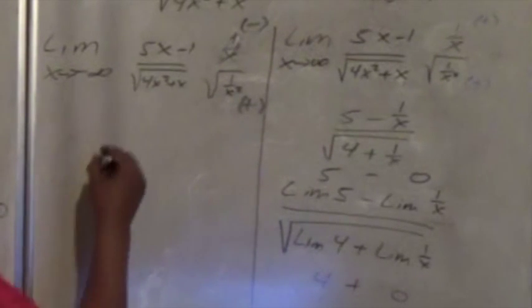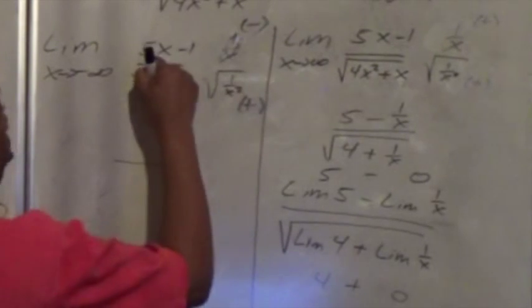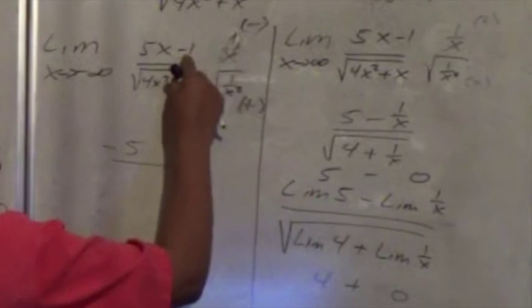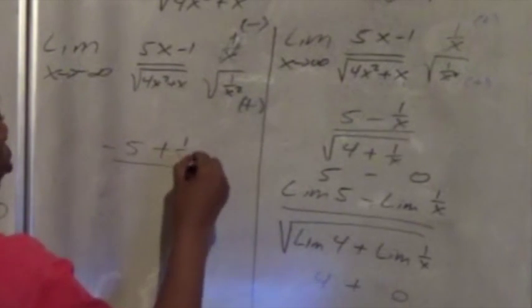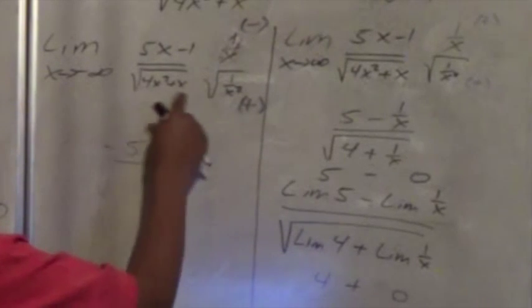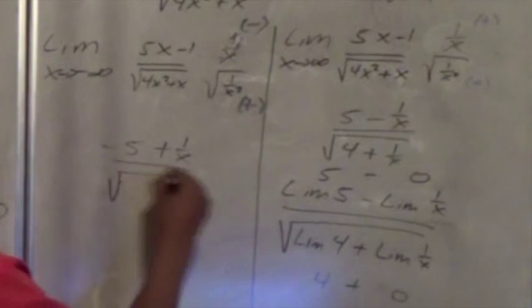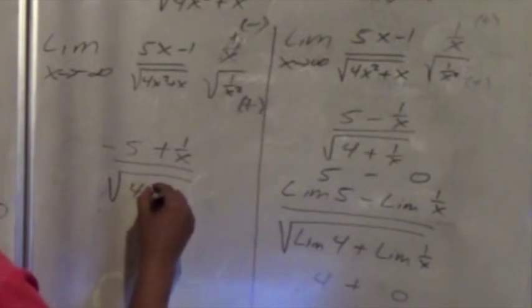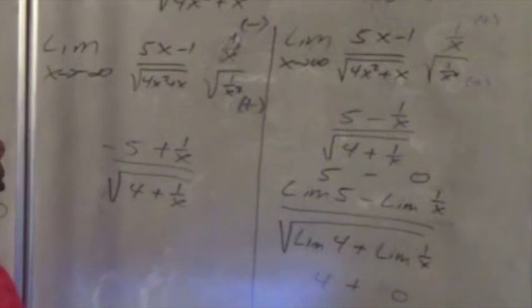What we'll get is a negative times a positive, which would be a negative 5. A negative times a negative, which would be a positive 1 over x. This is a positive multiplying within here, so we get the square root of 4 plus 1 over x.